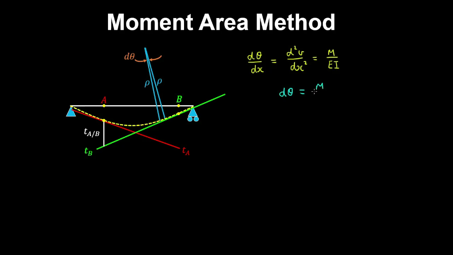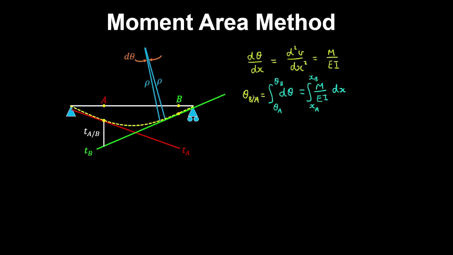So d theta is M on EI dx, and then integrating both sides, we have an integral from theta a to theta b, and on the right we integrate from xa to xb. And we call this the rotation at b relative to a.